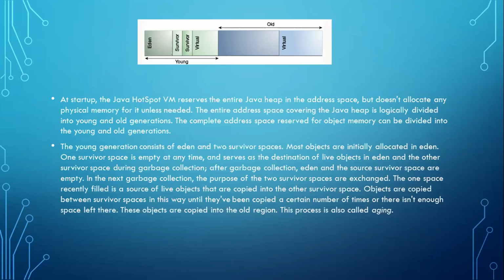Okay. Why do we have this? To age out the objects within young generation by providing two survivor spaces, so that they can be copied back and forth and survive multiple cycles of garbage collection. So there are two fundamental reasons for having two survivor spaces.